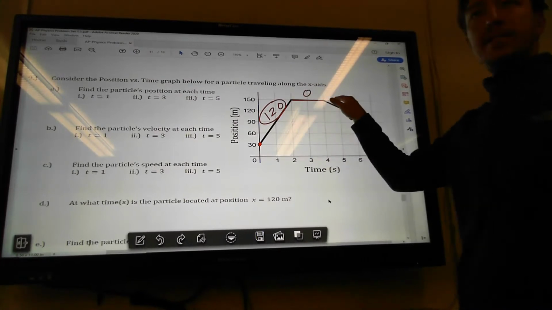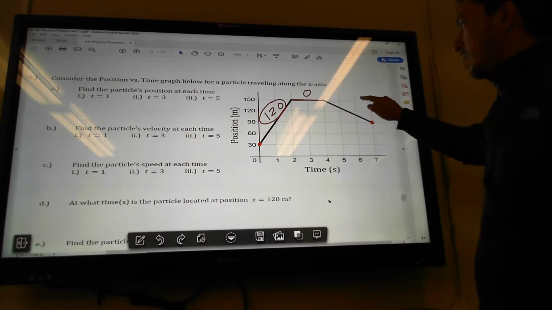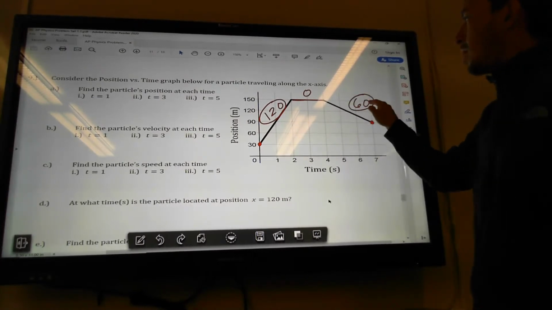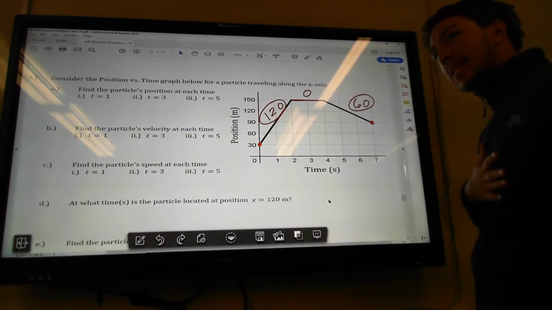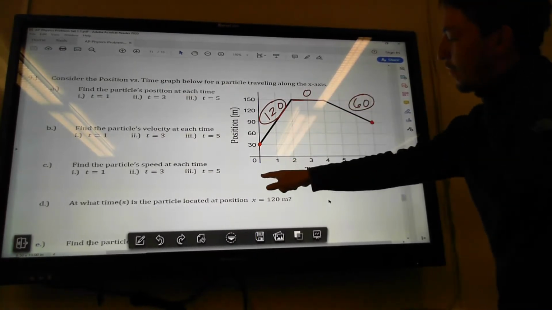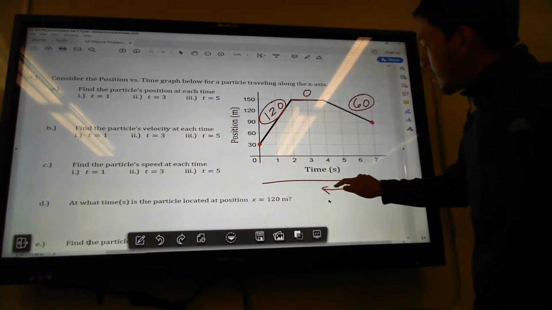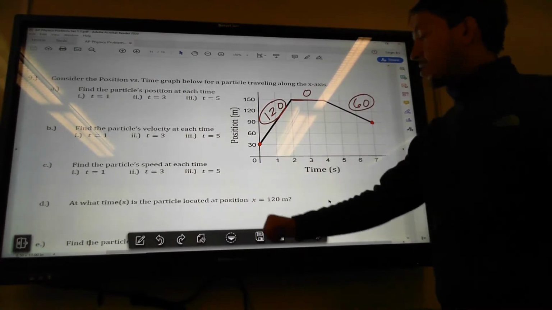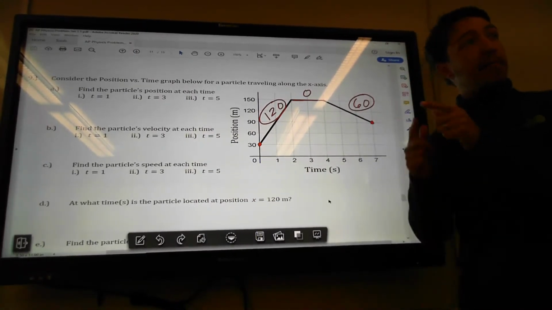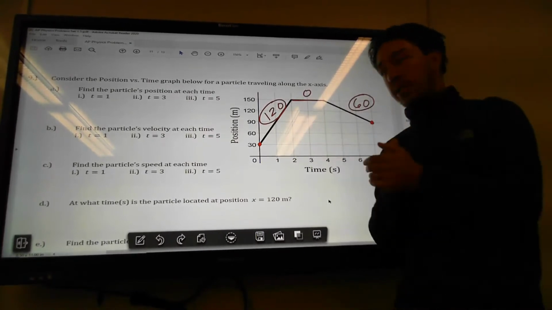He didn't move at all, right? He stayed at 150. And then what did he do? He moved backward 60. So his total distance traveled: he went forward 120, then he came back 60. If you go forward 120 and then backward 60, your overall displacement is 60.